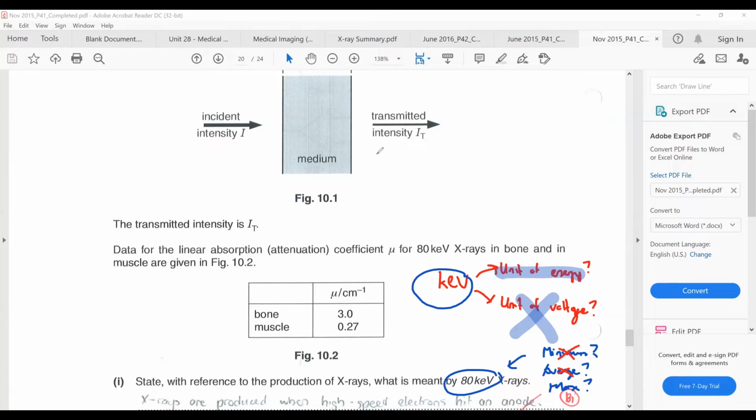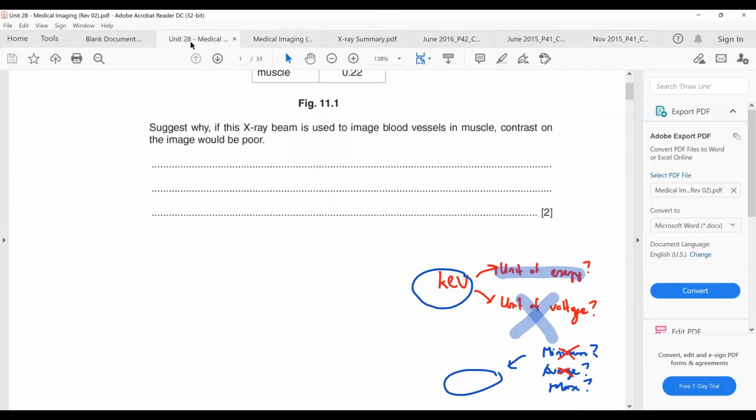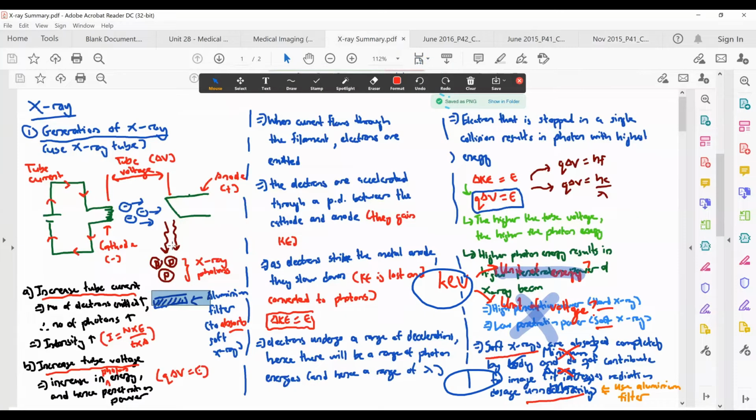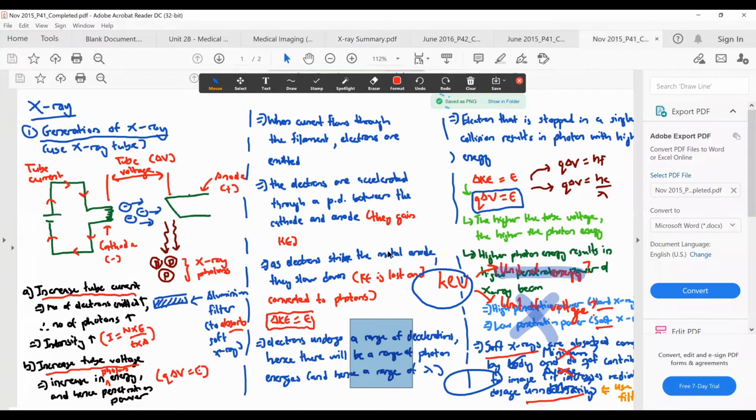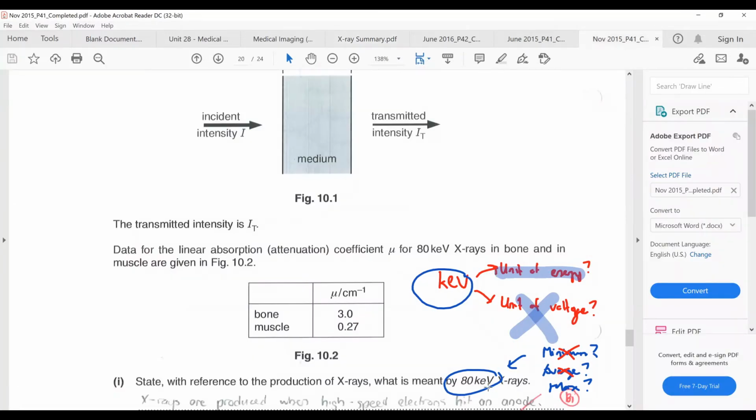Okay, as I mentioned to you just now, when your X-rays are produced like this, they come with a range of energies, right? Simply because your electrons were slowed down by different amounts. The one with the highest energy will come from the electron that is stopped completely in a single collision. So this one here that you have is actually referring to the most energetic photon, most energetic X-ray photon produced.